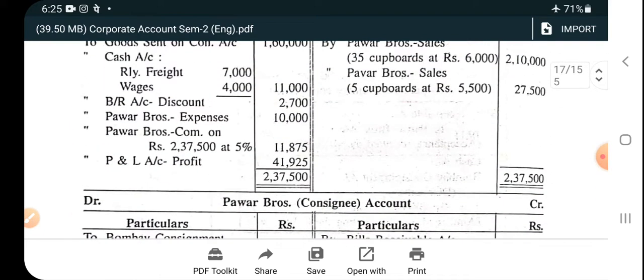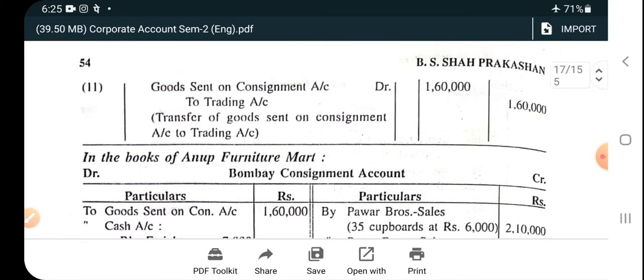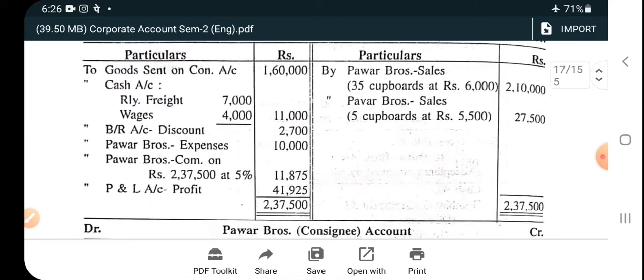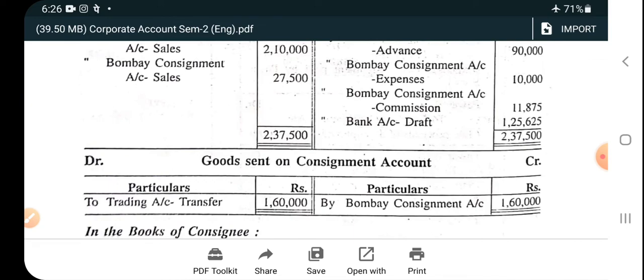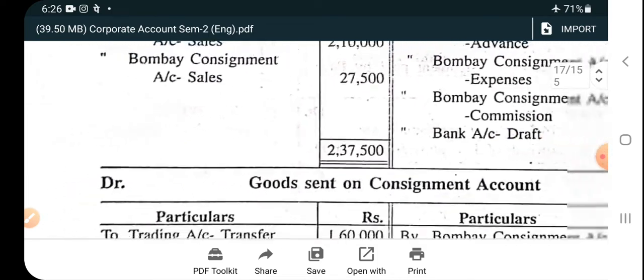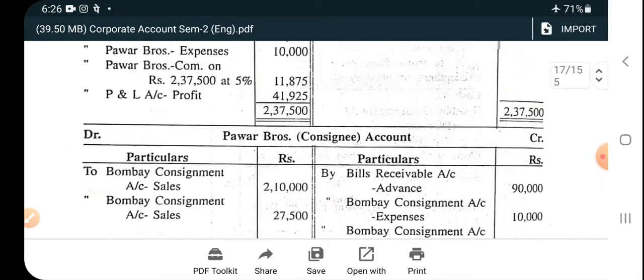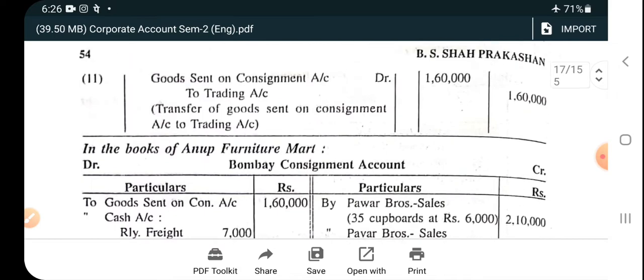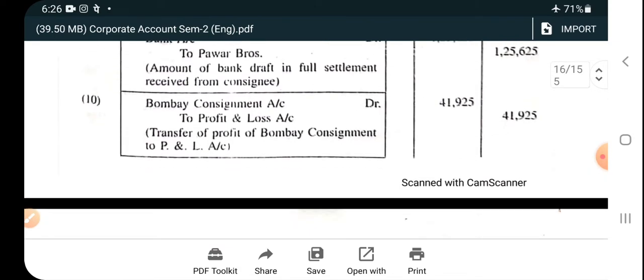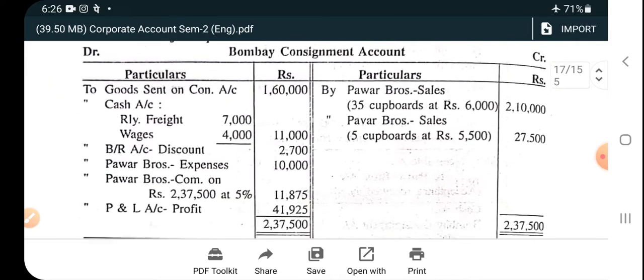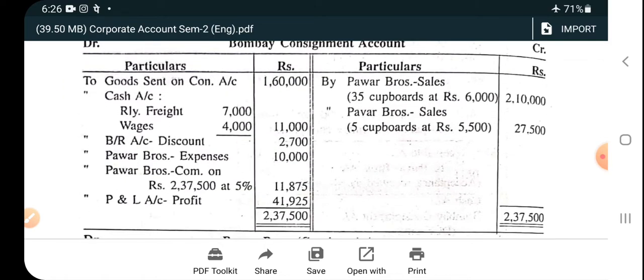Let us see how many things are there in the book of consignor. In the book of consignor we had completed the consignee's account. We still have to settle the goods sent on consignment account, as well as the consignment account. So first of all we settle the consignment account. In the consignment account, the total of the credit side is 2,37,500.